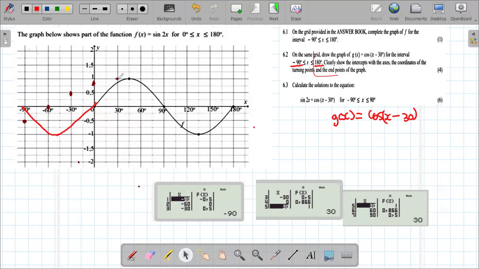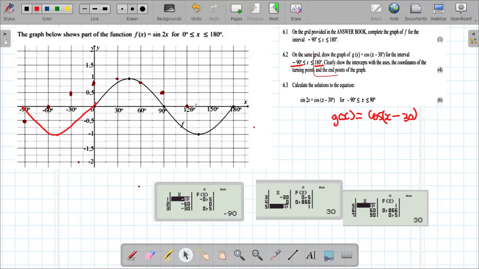Okay. 60, it's 0,866. 90, it's 0,5. Yeah, 120, it's 0. 120 is 0. And then 150, it's negative 0,5.